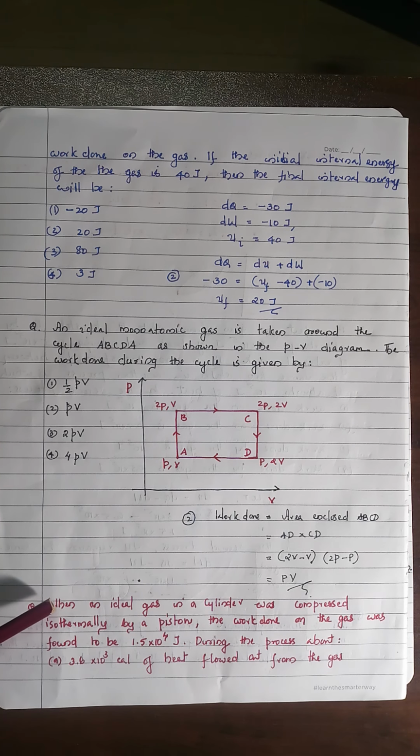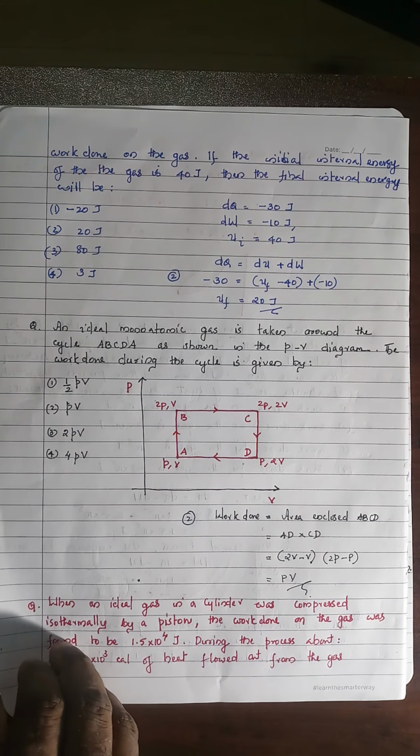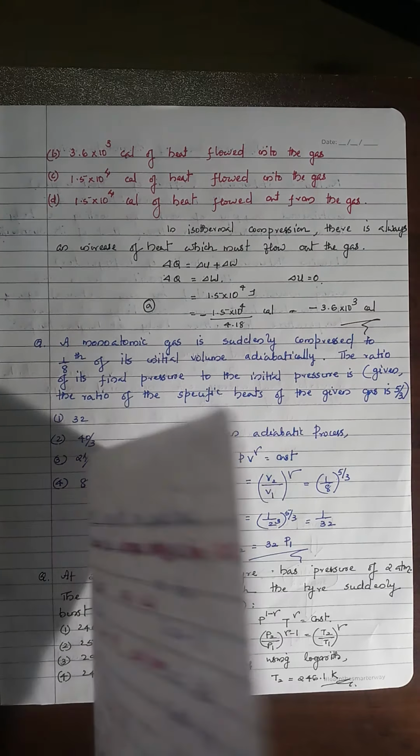Look at another question. When an ideal gas in a cylinder was compressed isothermally by a piston, the work done on the gas was found to be 1.5 into 10 raised to 4 joule. So we have to find whether heat flowed out from the gas or into the gas.